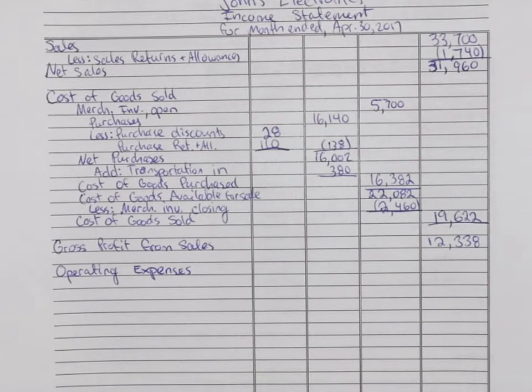We're only worried about overhead, like the cost of turning the lights on in your store. It doesn't affect your inventory cost, but you still need to pay other bills. You have staff, you've got offices, you've got accounting costs. And you can break it down between selling, or general and administrative. So we're going to start with our selling expenses.